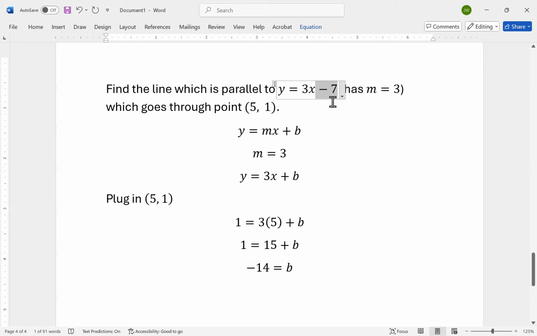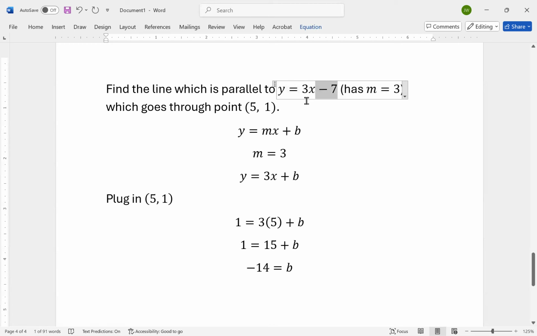That doesn't come into play. Knowing that it's parallel to this one only gives me the slope. I could have just as easily written -7 as -17 or -27 or -78. Who knows? The point is that we're not using that part of the line.